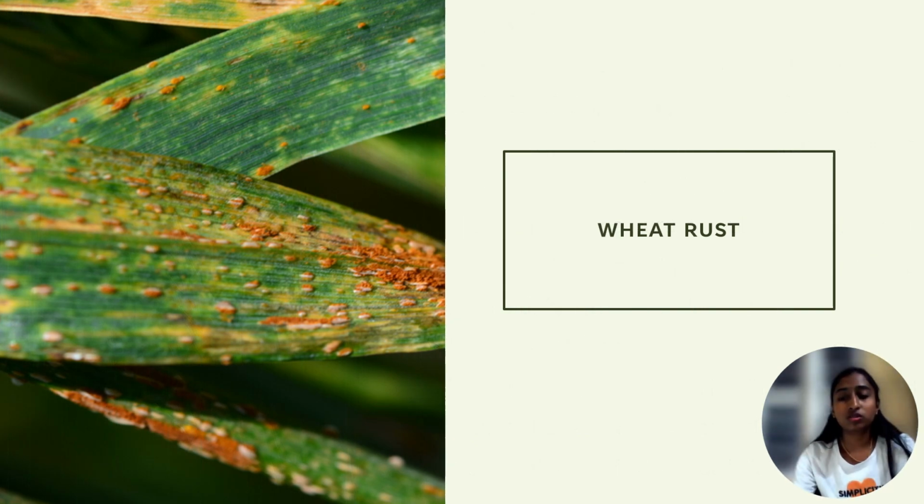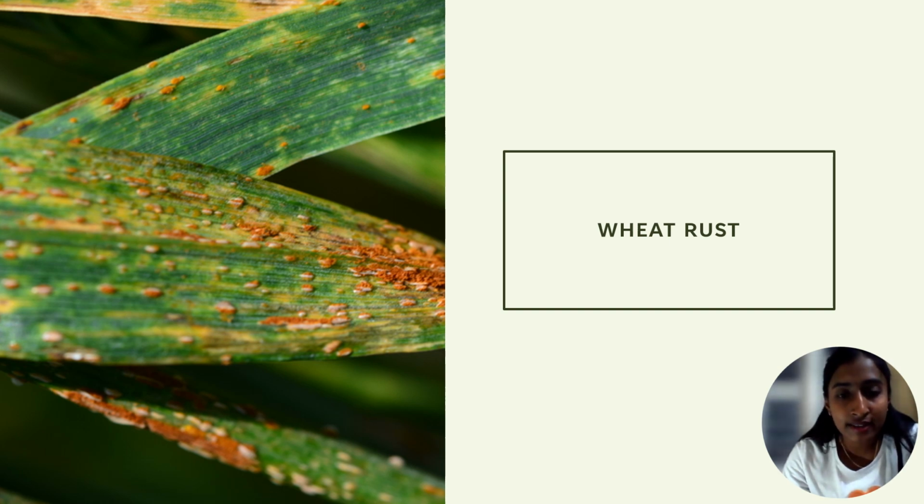Next, this is one of the wheat leaf diseases, that is wheat rust. As we can see here, on the leaf of the wheat there is an orange color. This is nothing but wheat rust.